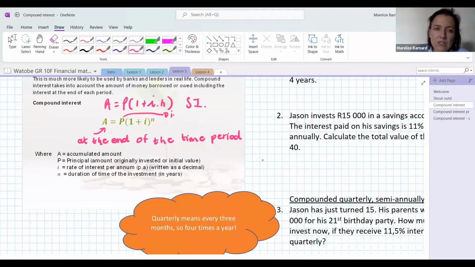P is your initial amount, your principal amount, and then n is the duration, for how long you put it away for. But it also has to do with how many times you are earning interest. So it's how long, but it also relates to how many times you earn interest.